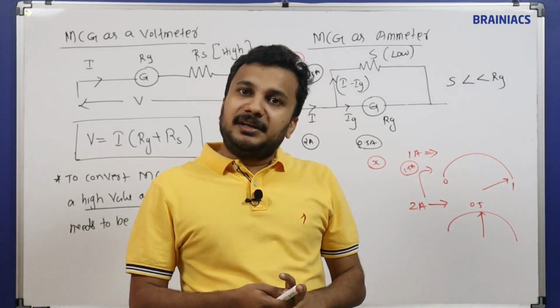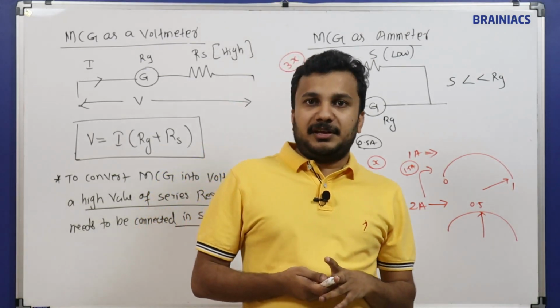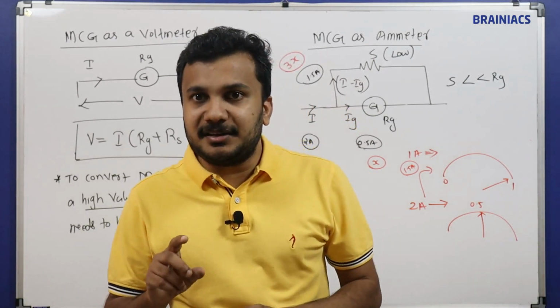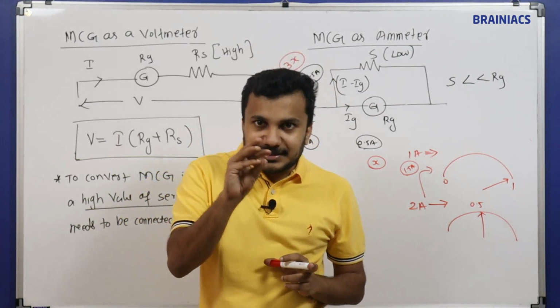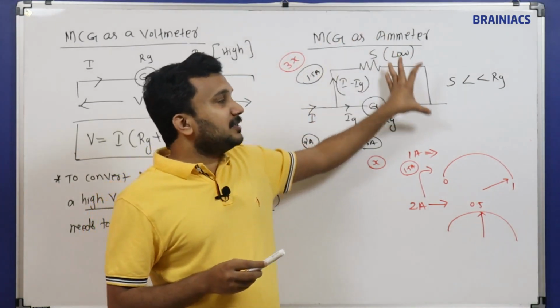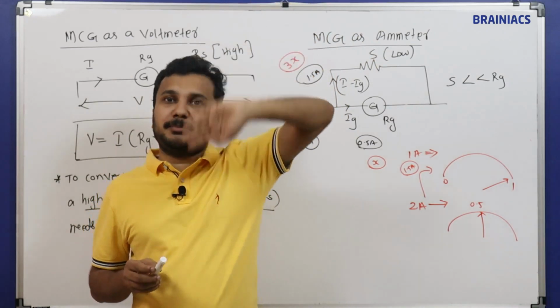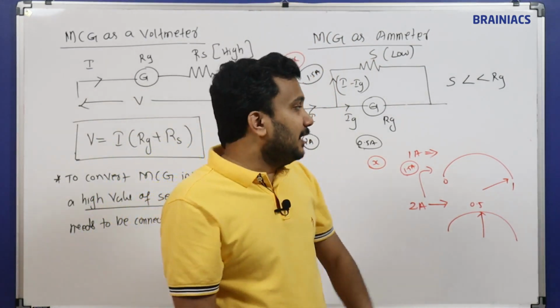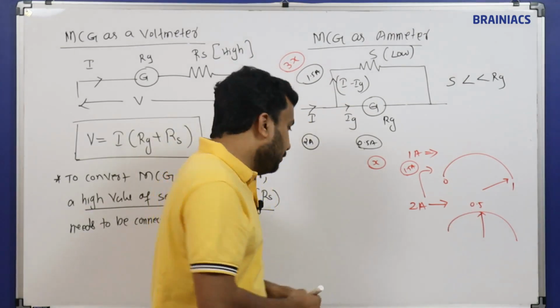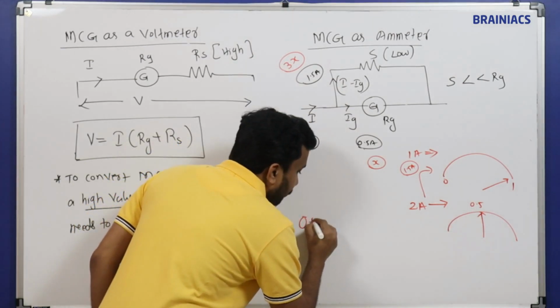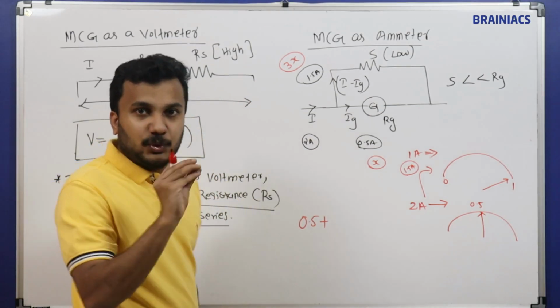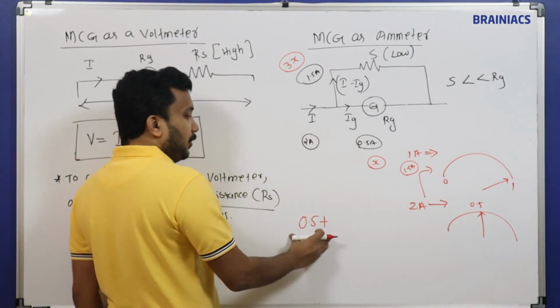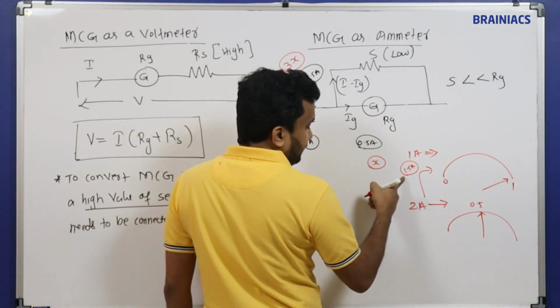But if the galvanometer reading is given as 0.5, that is inside the galvanometer. Now the whole system is connected to another meter scale, and that meter scale will take this galvanometer value 0.5. Internally one circuit will be there that will calculate 0.5 plus this value.